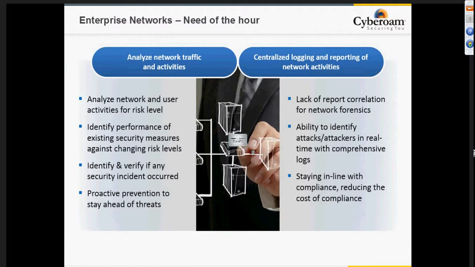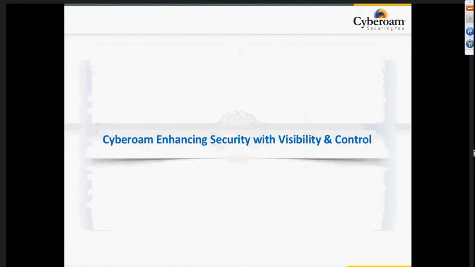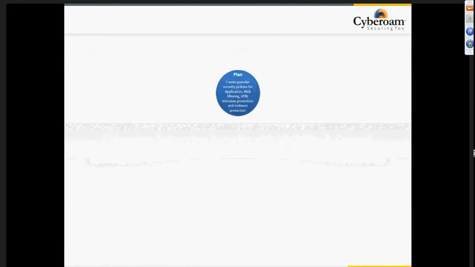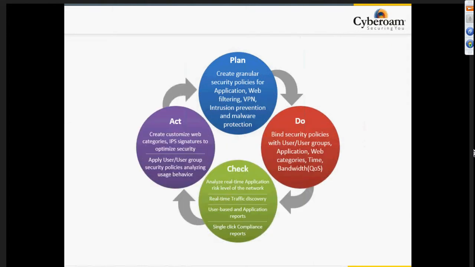So it calls for a solution that offers system intelligence which enables network analysis and visibility. As the solution, we have Cyberoam, which enhances security with visibility and control, through the four parameters of plan, do, check, and act. In the planning segment, you create granular security policies for application, web filtering, VPN, intrusion prevention, and malware protection.